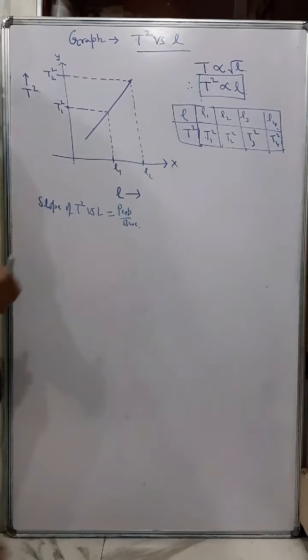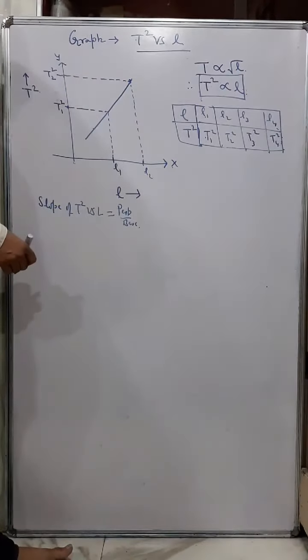Slope means perpendicular by base, so I have to find the slope of this line between this point and this point. So what should I do?